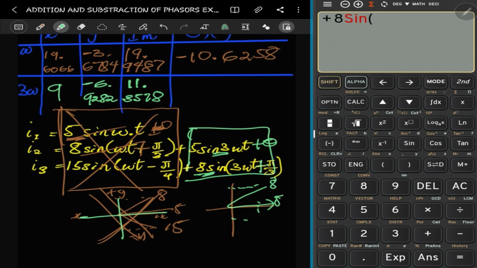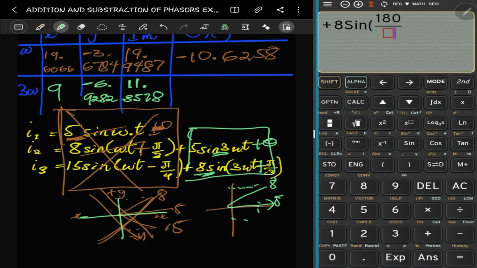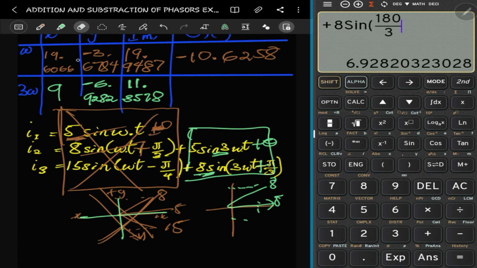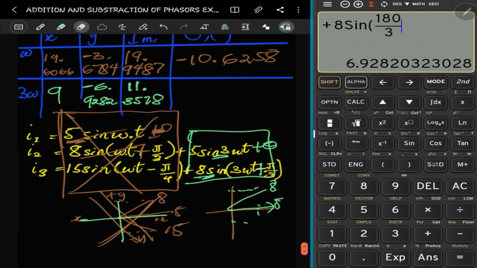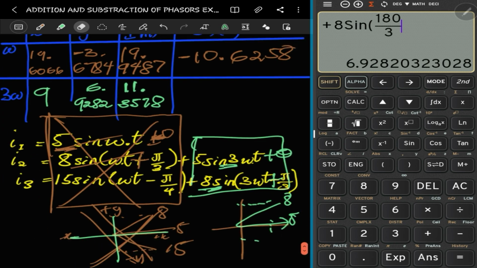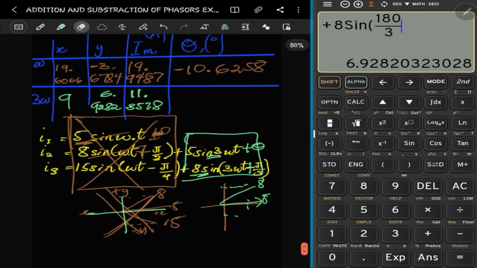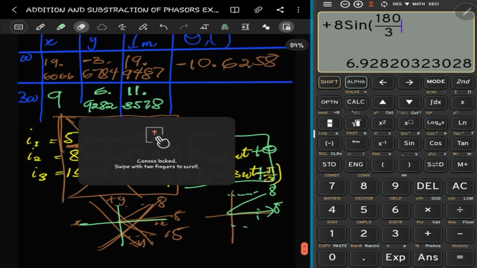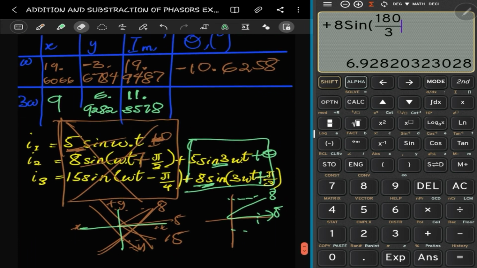Okay, so we have 180 on 3, and that gives us this, right? So it's positive. The only thing that will change is the sign, just the sign. Direction has changed. That's all. Still the same thing. What we mean is that our directions will change as well.